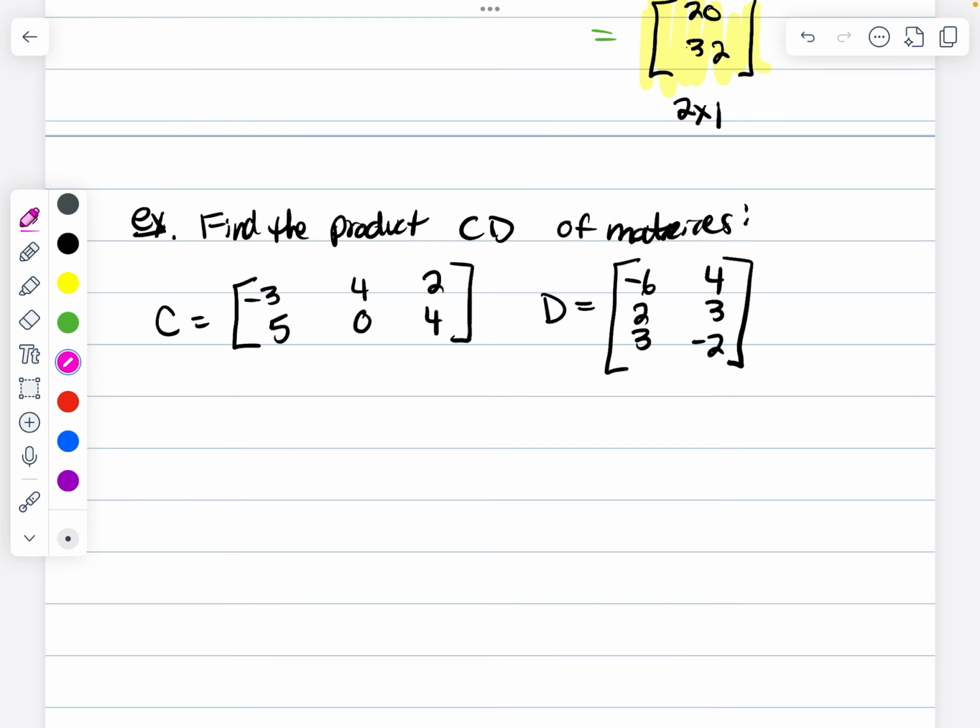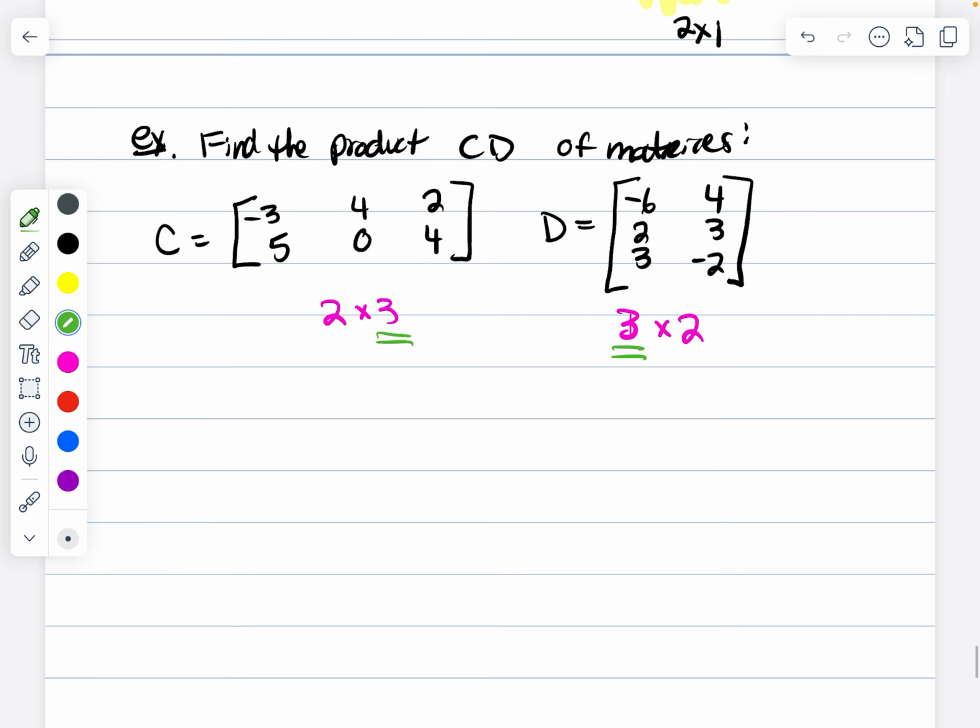So let's go ahead and find our size. We have 2 rows and 3 columns. Here we have 3 rows and 2 columns. Since these inner numbers match, we can find the product. I like to write them side by side like that to show the multiplication.